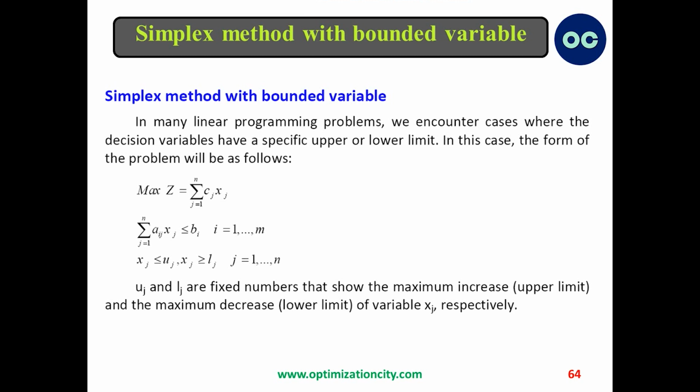Experience has shown that the computation time increases almost by the third power of the number of constraints. Thus, a more efficient method is required for solving such problems. The method for solving problems with variables having a lower or upper bound will be discussed in the document on the website.